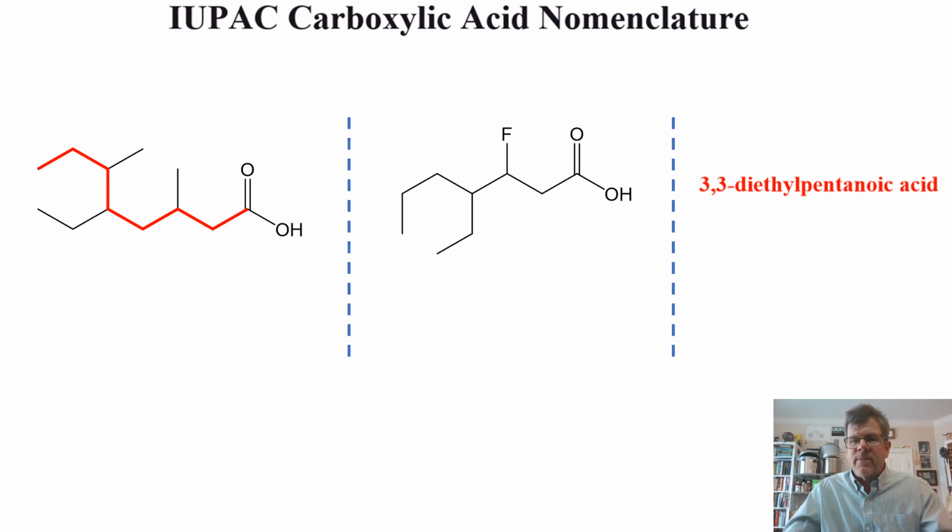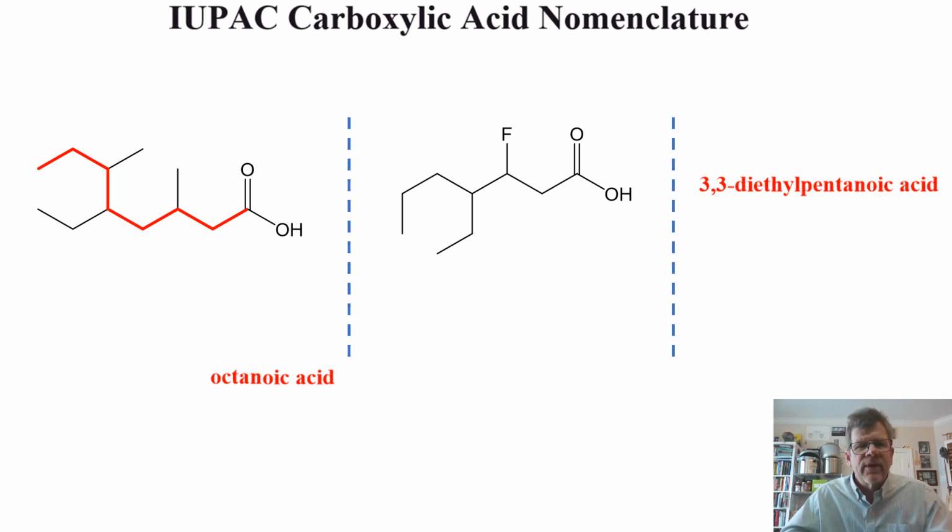We might have to try a number of different ones, but we find that this 8-carbon chain right here. It meanders around, and we might have to look at these and try different paths, but we find that this 8-carbon chain. If this were an 8-carbon alkane, it would be octane, but it's not. It's a carboxylic acid. So we remove the E from the corresponding alkane name and bring in oic acid.